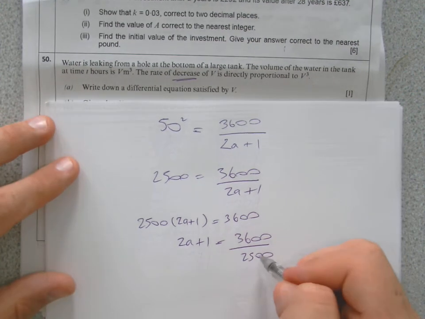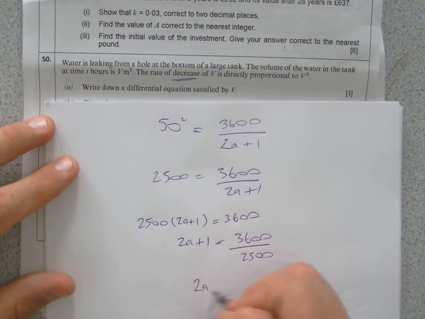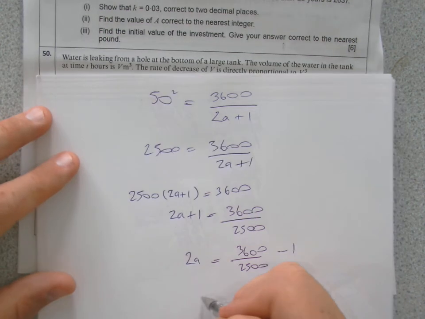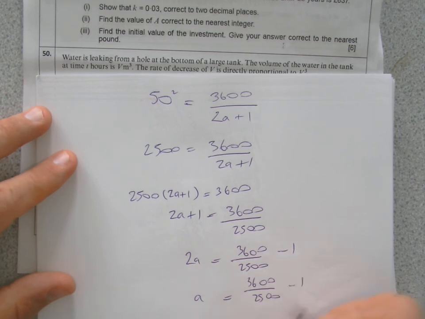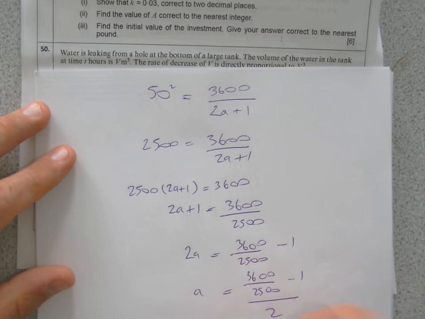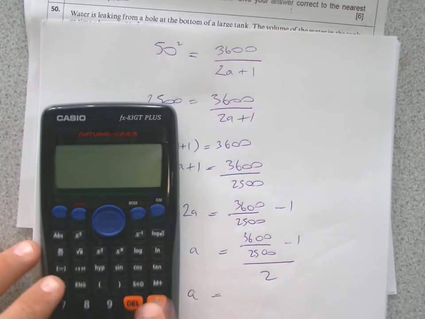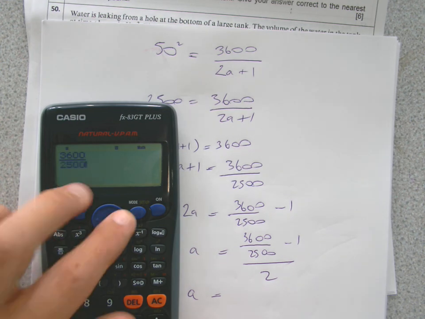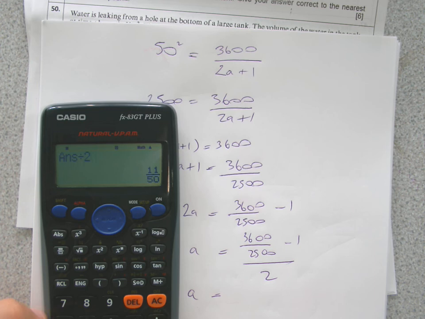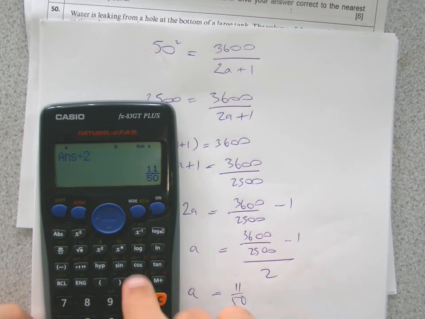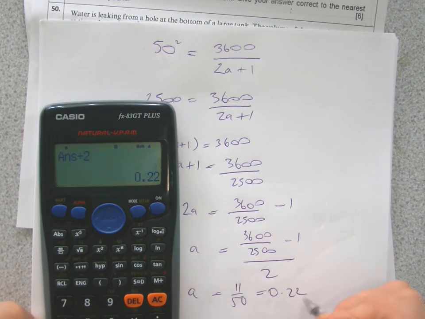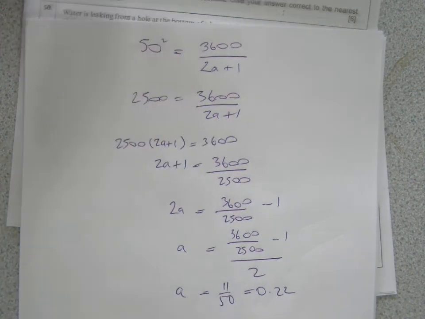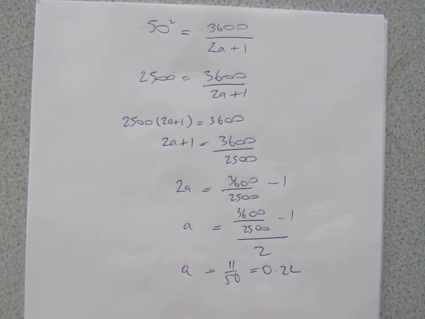So then 2a would equal this, minus 1, and a would equal this, all over 2. Okay, so then you've got your a there. So you get a to be 11 over 50, which is equal to 0.22. Probably decimal would be better in this case, because it comes out to a nice decimal, 0.22.